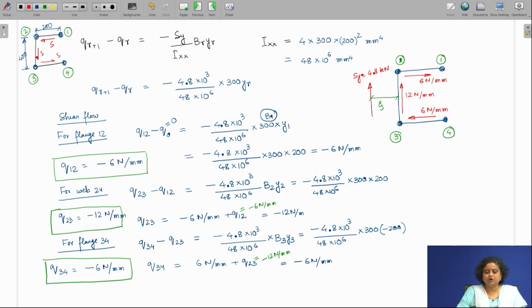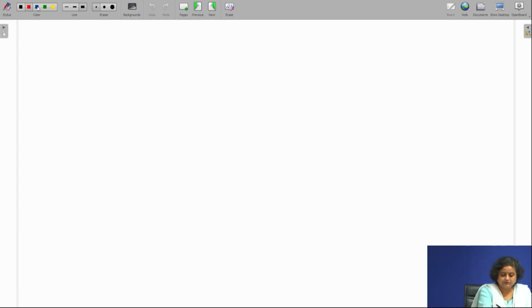Now my next job is to find out the shear center. So let us try to find out the shear center. Let me again draw the cross section.